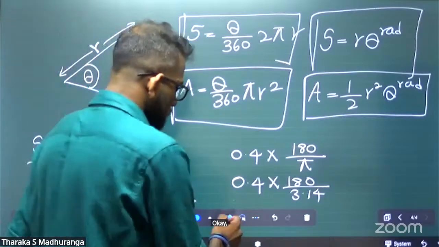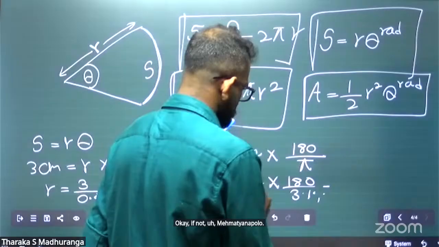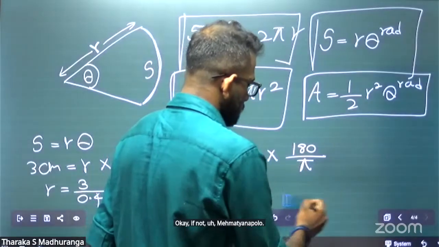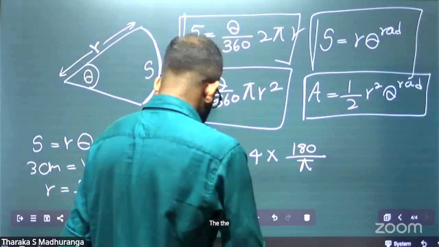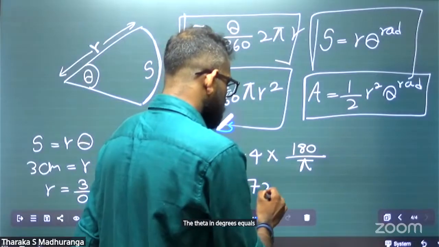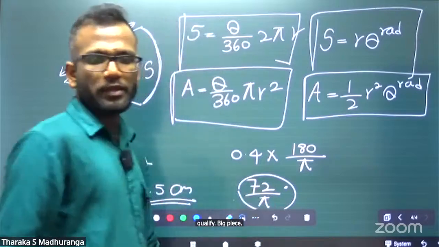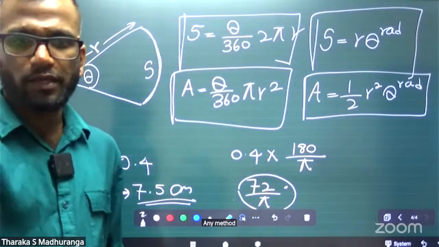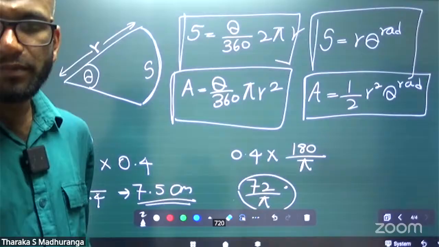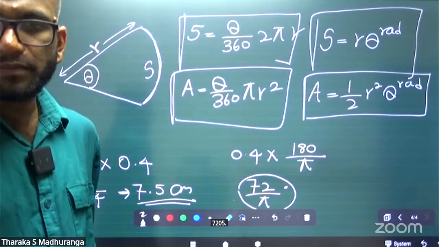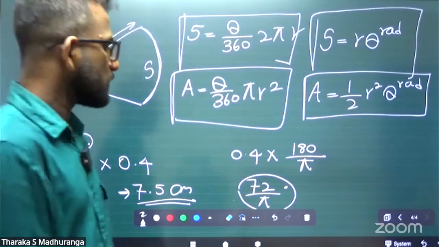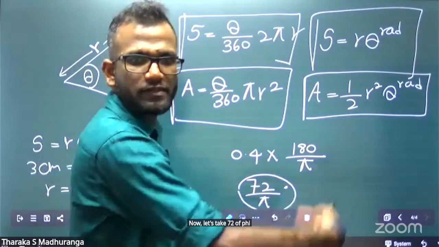Okay, if not, you can take it another way. The theta in degrees equals 72 over pi degrees. Any method is okay. Now let's take 72 over pi, then pi and pi cancel out.